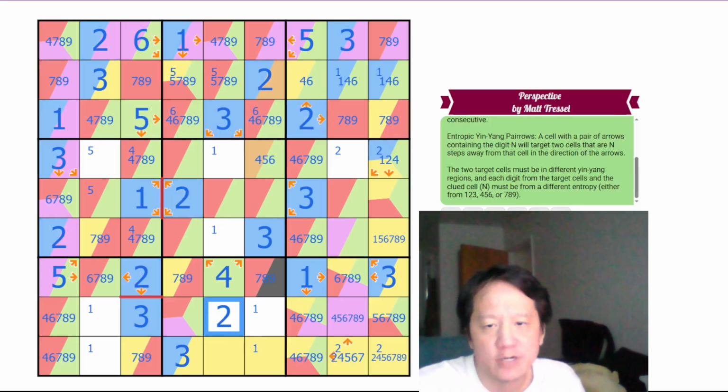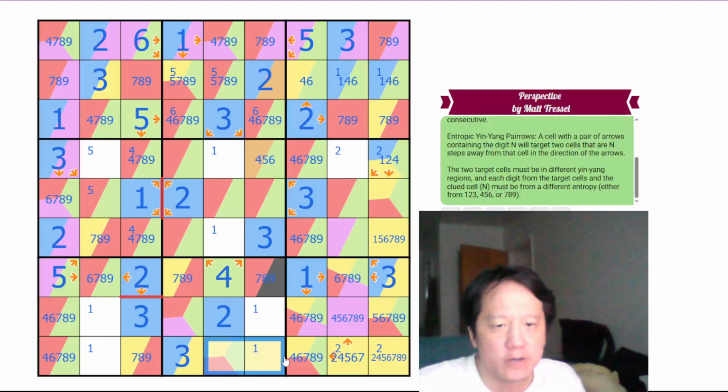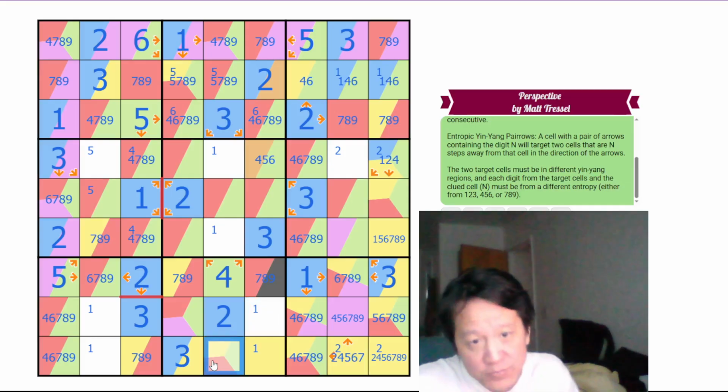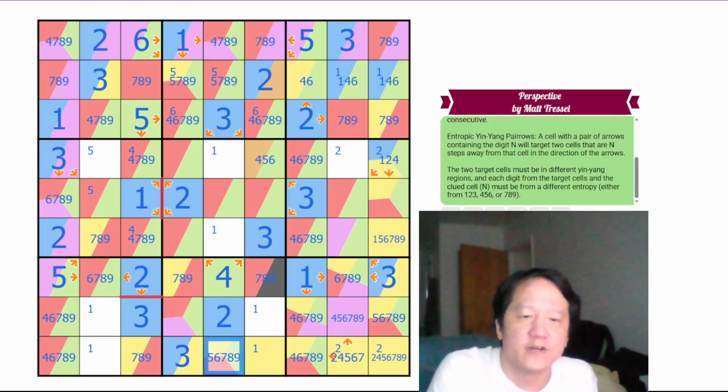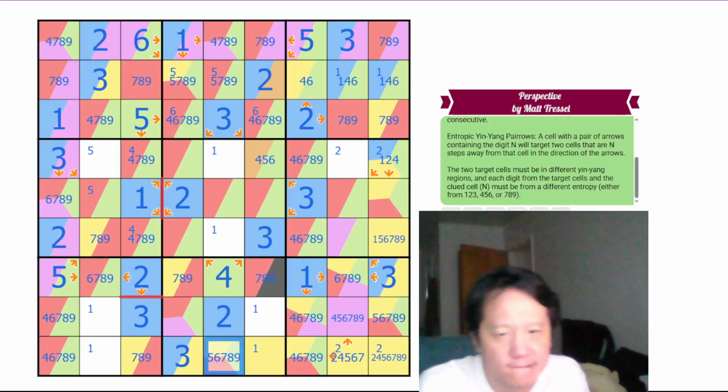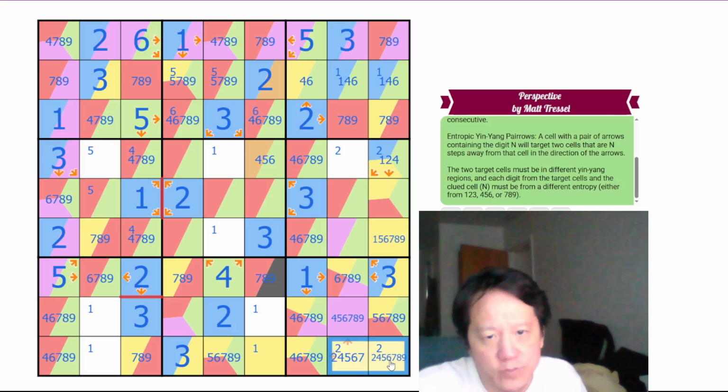This is low, obviously. So this cannot be low. It has to be medium or high there. This can't be 1, 2, 3, 4, so 5 through 9 there. 2 is one of these two.